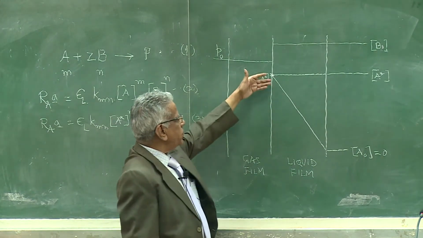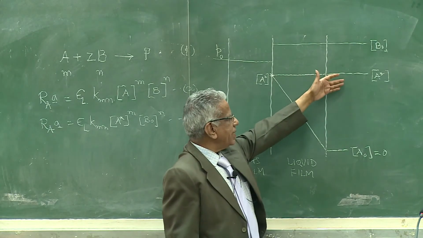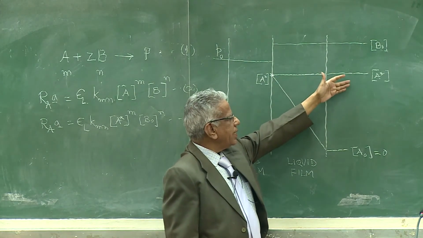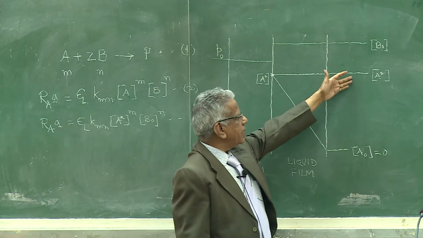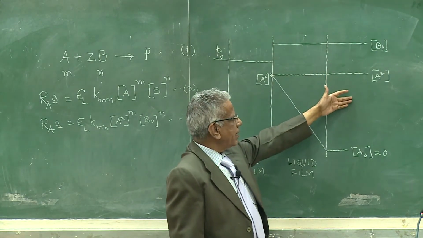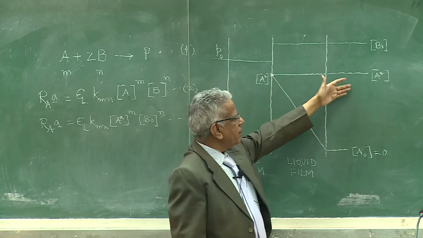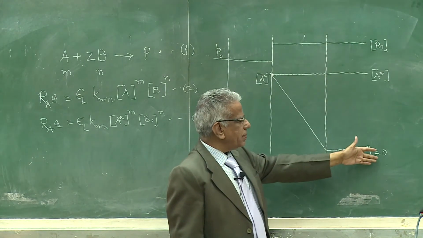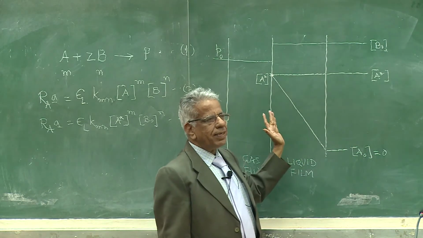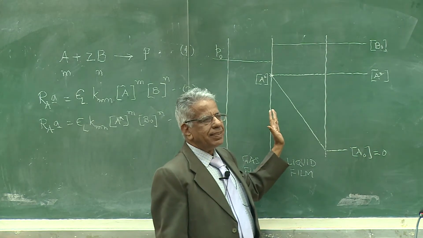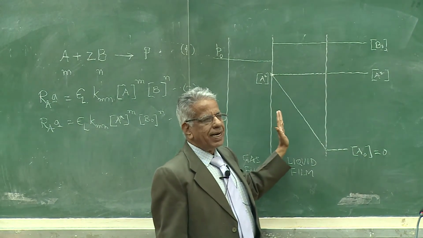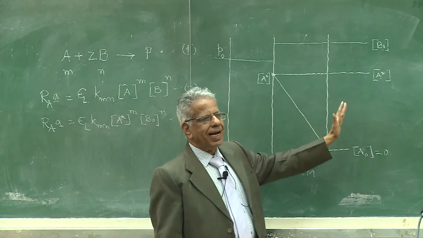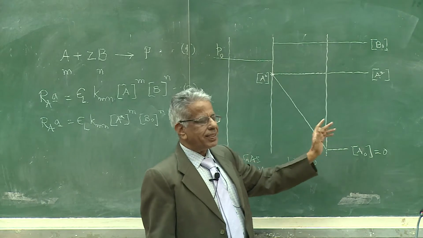There is a dissolution followed by chemical reaction. As the rate of chemical reaction increases, the dissolved concentration keeps decreasing, and with a very high rate of reaction, A naught is kept at 0. In other words, as soon as the gas dissolves and enters from the liquid film to the bulk, it reacts and A naught is kept at 0.